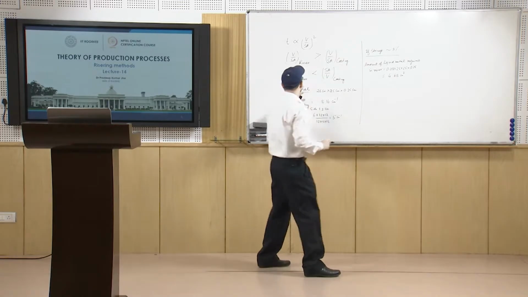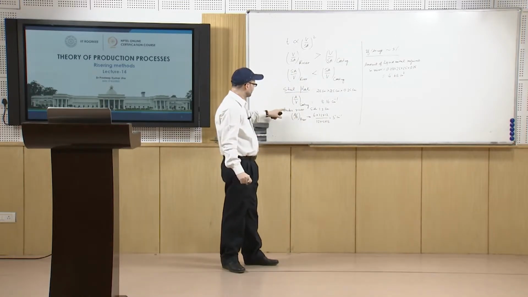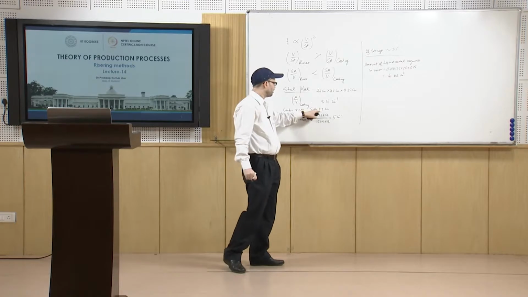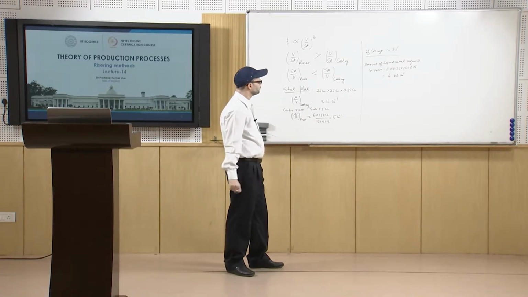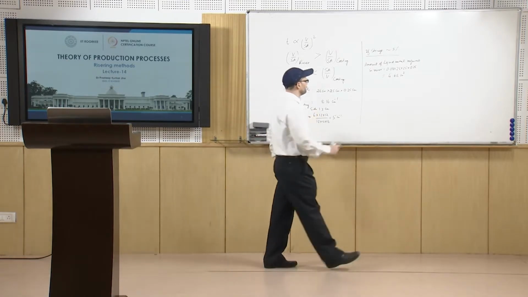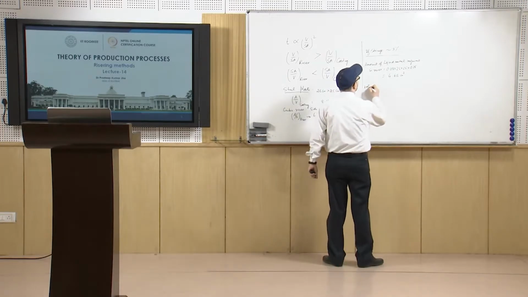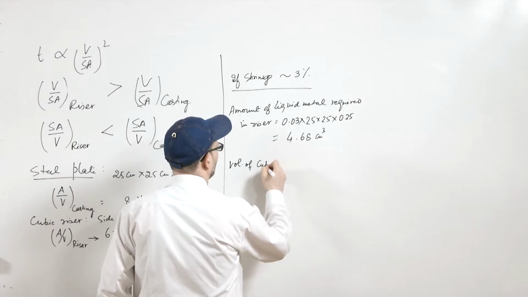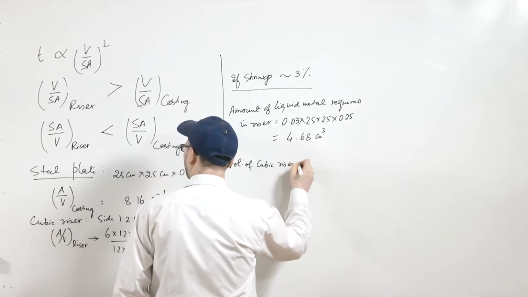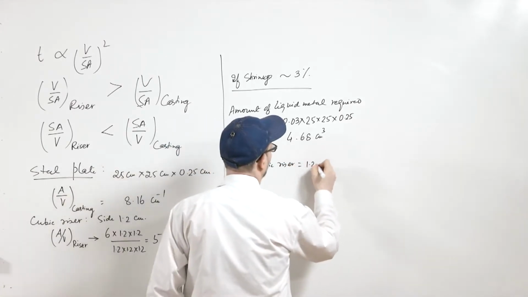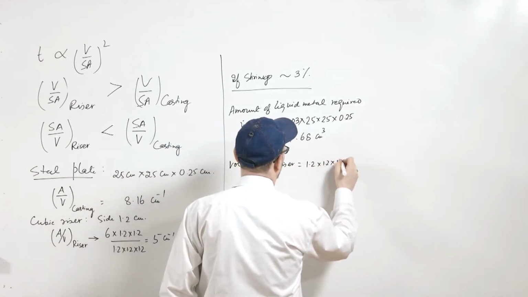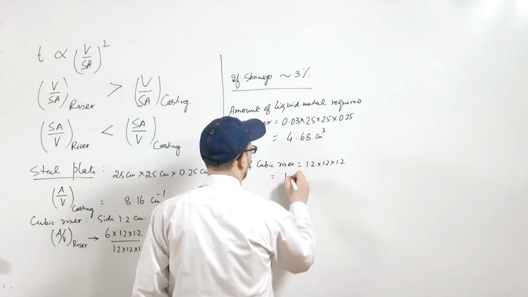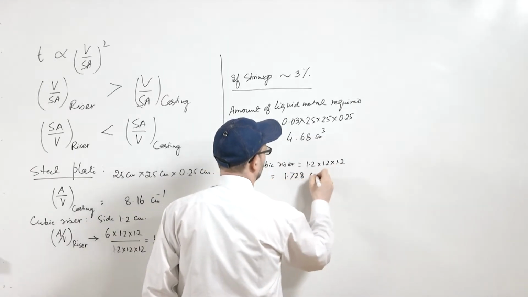Now, suppose you have selected the riser of cubic shape of side 1.2 centimeter. What is its volume? The volume of the cubic riser is 1.2 into 1.2 into 1.2, so it will be 1.728 centimeter cube.